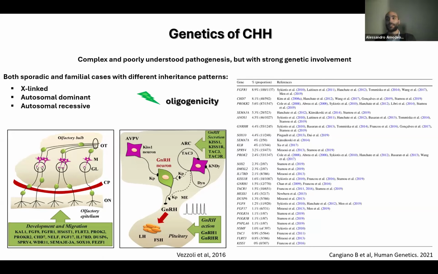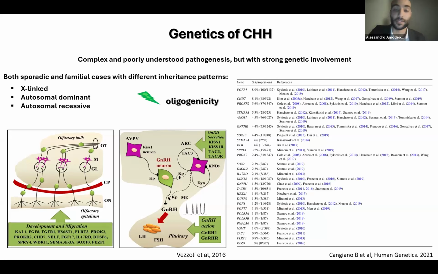Oligogenicity has an ever-expanding role in the pathogenesis of CHH, being able to account for several cases of congenital hypogonadotropic hypogonadism. The genes are involved either in the development and migration of gonadotropin releasing hormone neurons, or in gonadotropin releasing hormone secretion or action, such as mutation of the gonadotropin releasing hormone receptor.